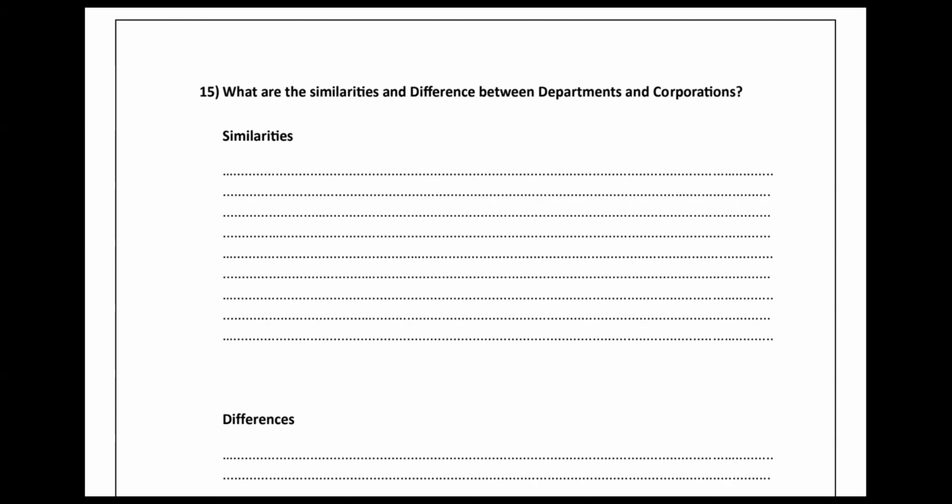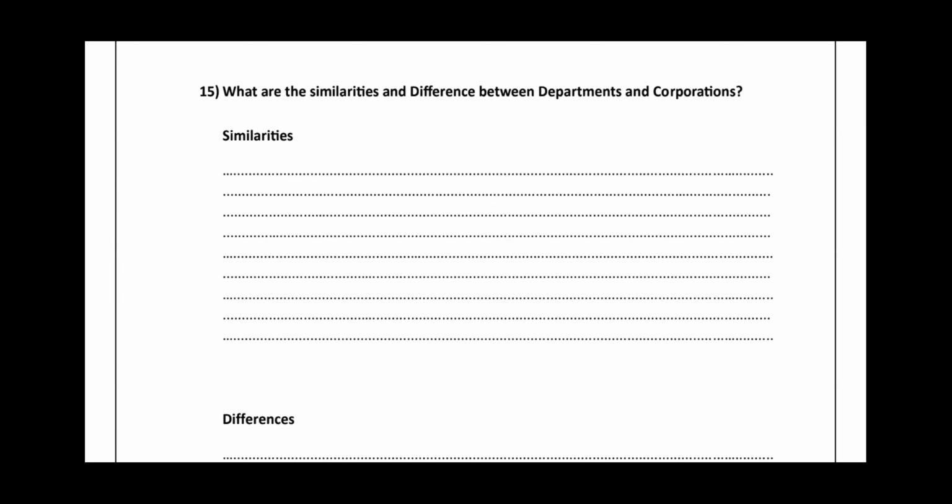Now we'll finish this off. Right now, what are the similarities and differences between departments and corporations? Yeah, that is one of the biggest regrets in my life. What to do?